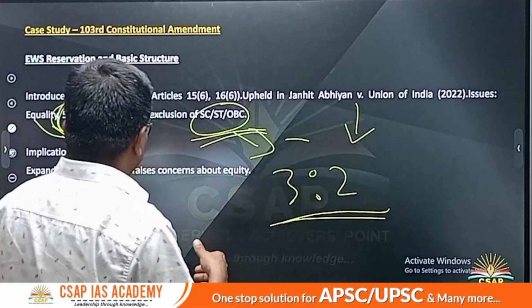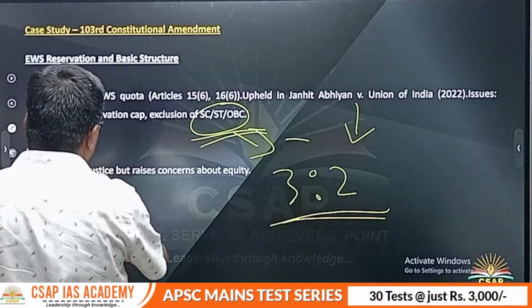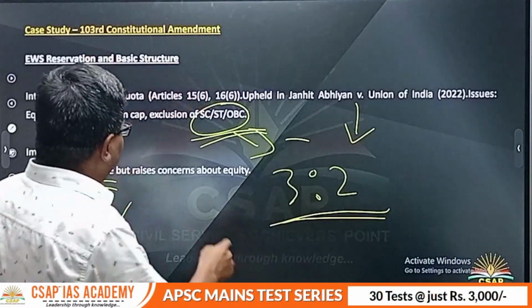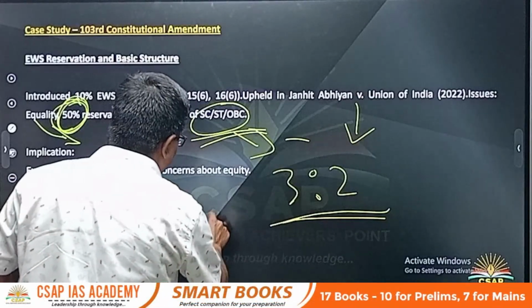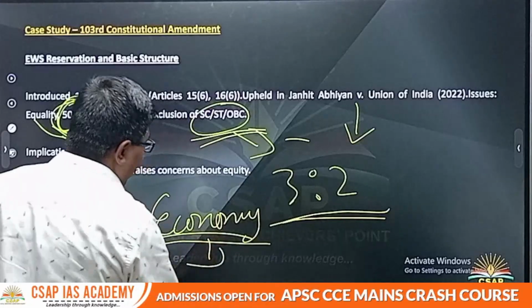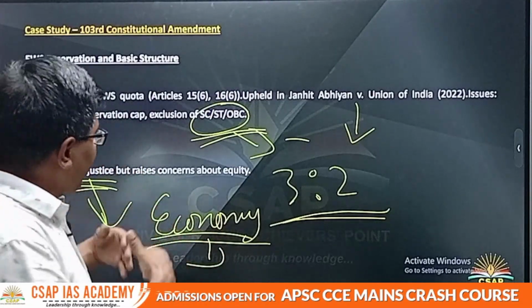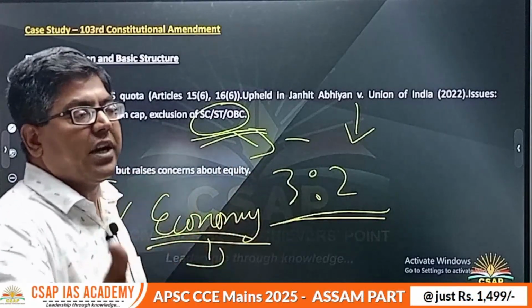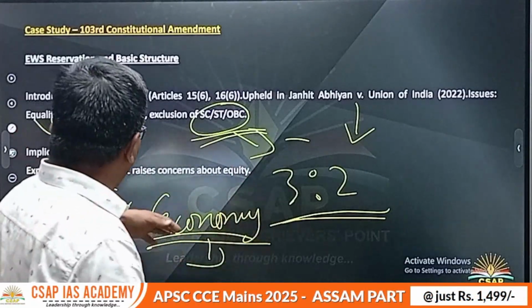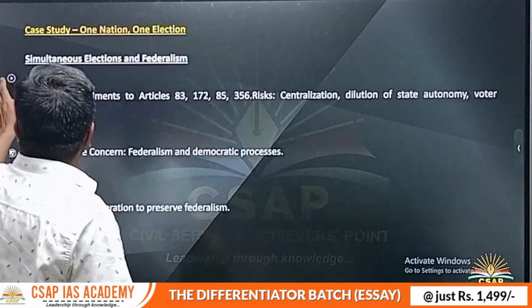It is said that it expanded social justice to the economic. So can economy alone be the criterion? This was another important question. But there the court said that yes, economy could be one of the important classifications, and therefore it was allowed. But it also raises concerns about equity.